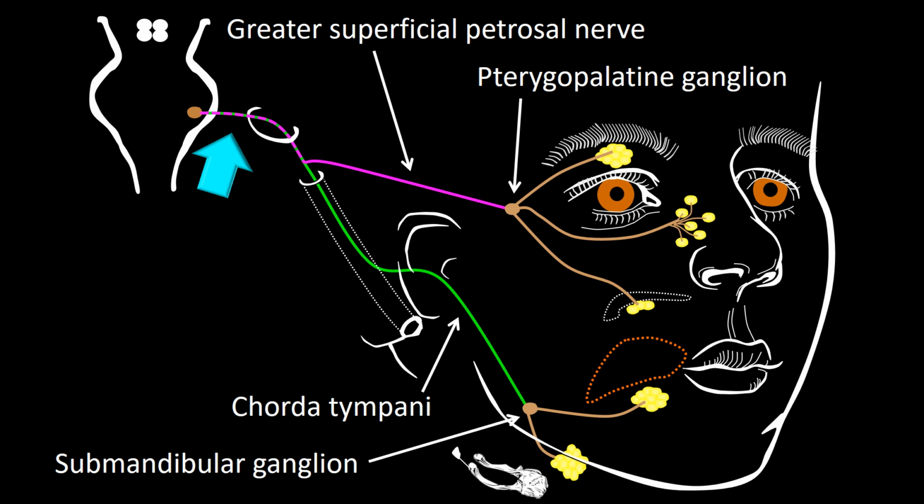Now that we have an understanding of the innervation of the parasympathetic ganglia, I will proceed to describe the type of lesion that can produce crocodile tear syndrome and the mechanism that produces it. A lesion in this region, as indicated by the cross, produces damage to the preganglionic axons traveling to the ganglia, a phenomenon that I have represented by turning the preganglionic fibers gray.